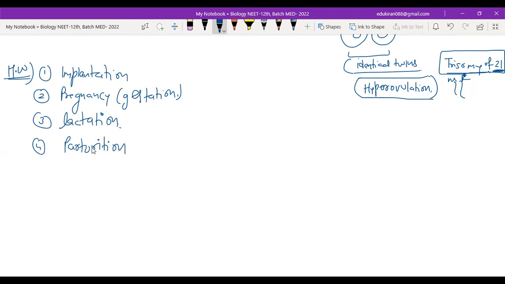Parturition is the final act of delivering the baby. So these four things I will take in the next class separately, and then we'll finish this chapter.